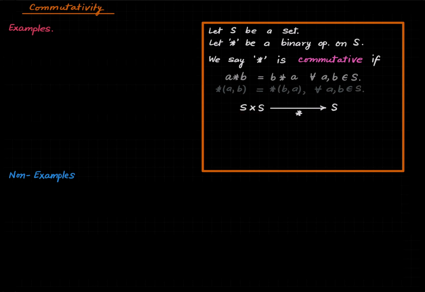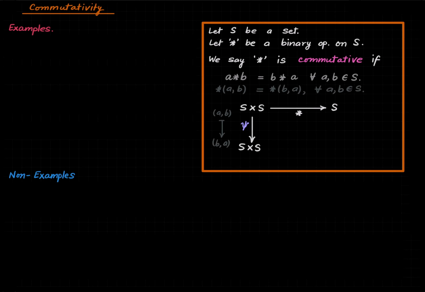Now I will express the commutativity property in the following diagrammatic way. I have this new map, a map from S cross S to S cross S. This is the switch map. I'll call it psi. What does it do? It takes A comma B to B comma A. It's a bona fide map from S cross S to S cross S.